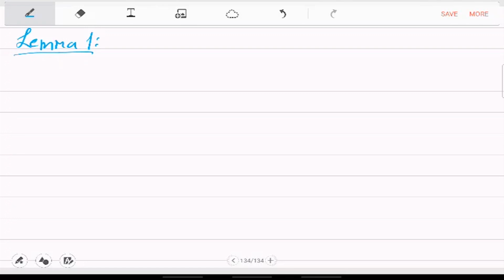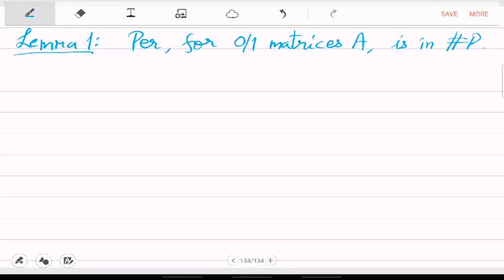So first, what does permanent have to do with Sharp P? So permanent for 0, 1 matrices is in Sharp P. That's the first thing. Why is that? What does Sharp SAT, Sharp P have to do with permanent?